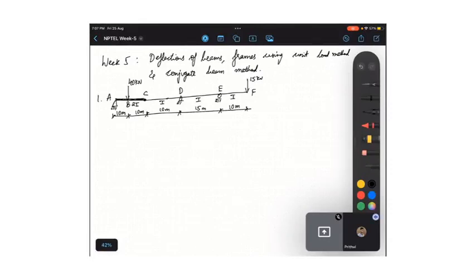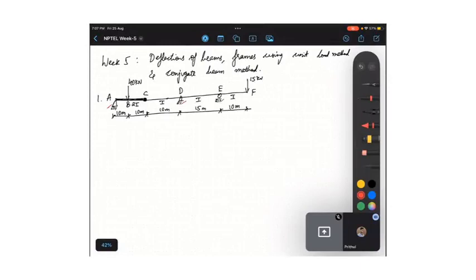First, let us find out whether this is a determinate or an indeterminate beam. We have supports at A, B, and C, and all the external loadings are vertical, so we'll only have vertical reactions.